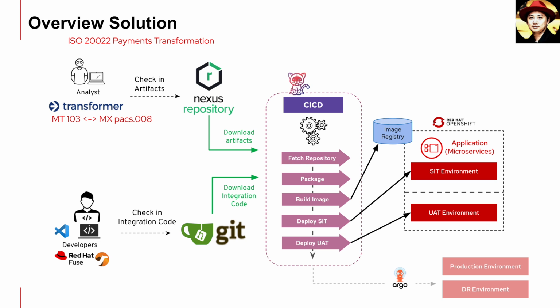Business analysts can update the changes using the transformer tools and then upload the jar file into the Nexus repository. The pipeline is then triggered to automate the whole CI/CD task here. This does not require any of the developers to make any code changes or to be involved in the packaging or deployment process.